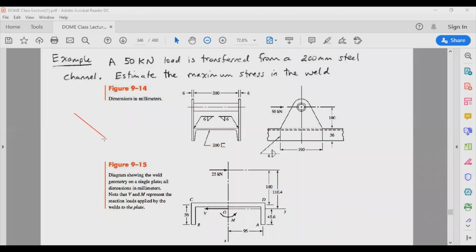This is your C channel. This part right here is this. Here you're looking at this guy from this view right there, so in this view you're going to see that.